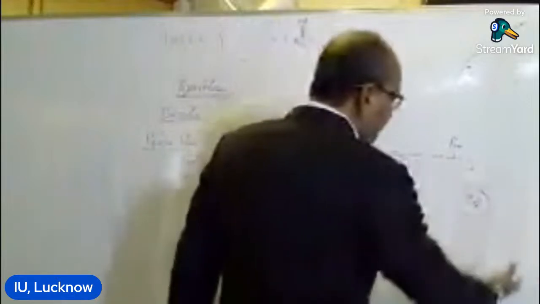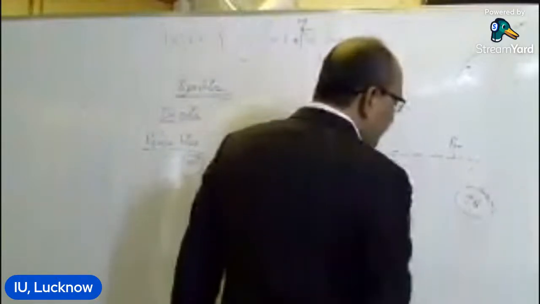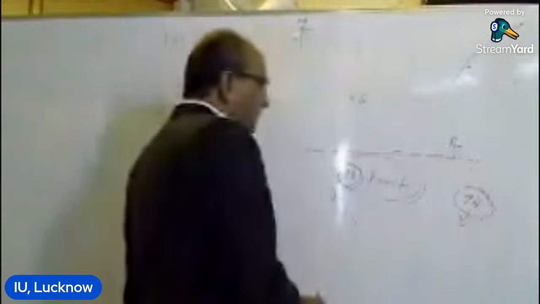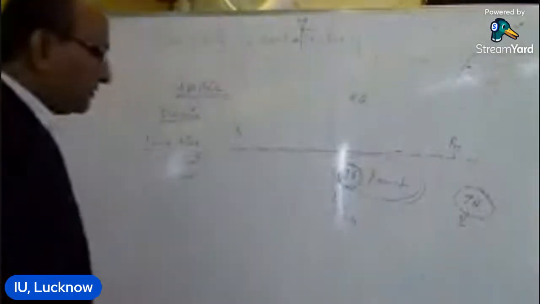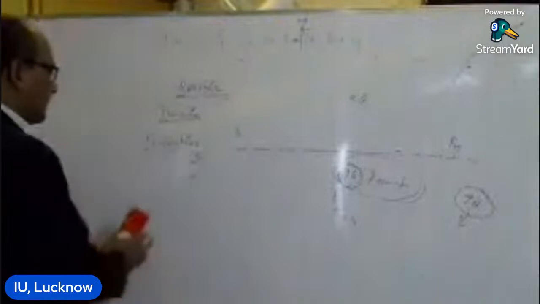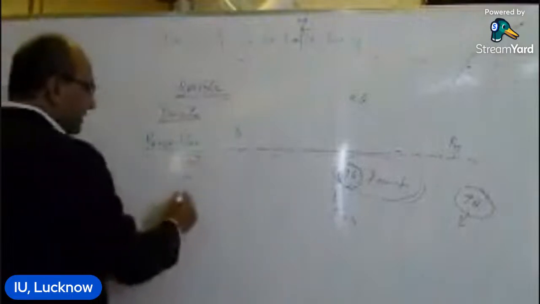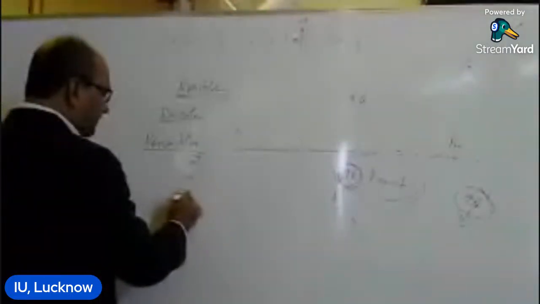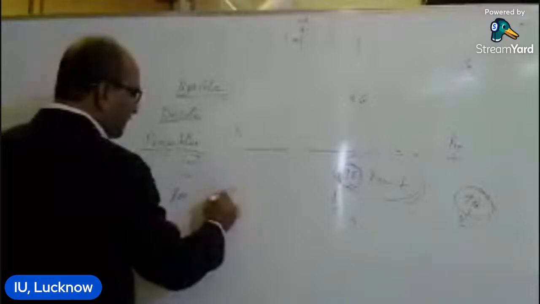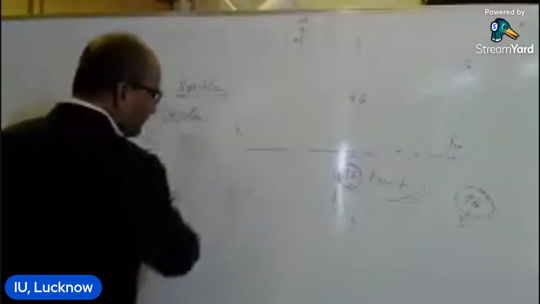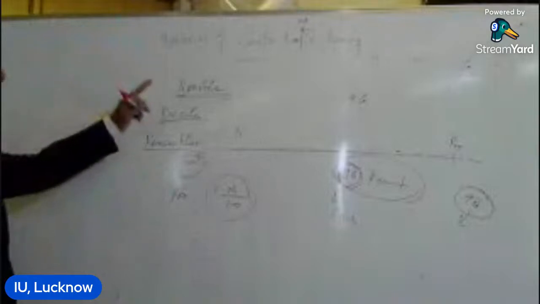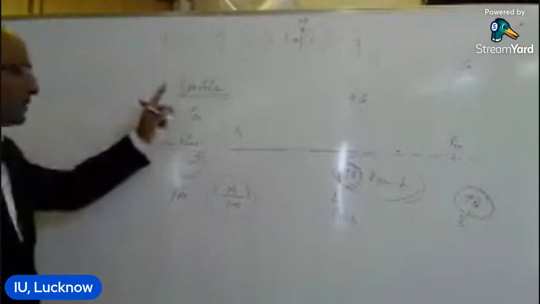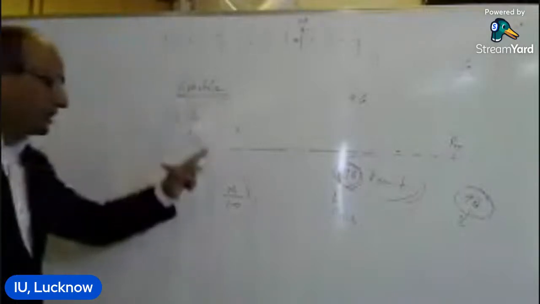So this score only shows your position, not your marks. And this can also be calculated as n divided by 100. See here, median is just divided by 2, quartile divided by 4, decile divided by 10, and percentile divided by 100.